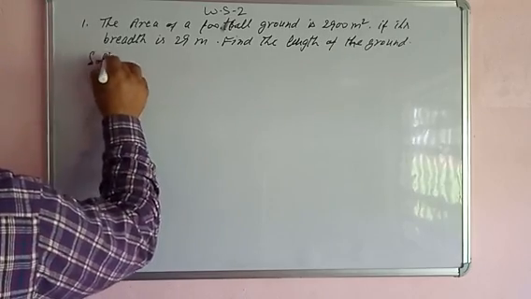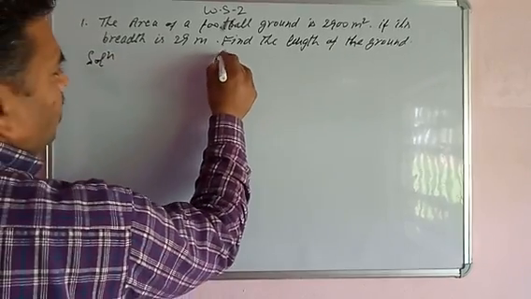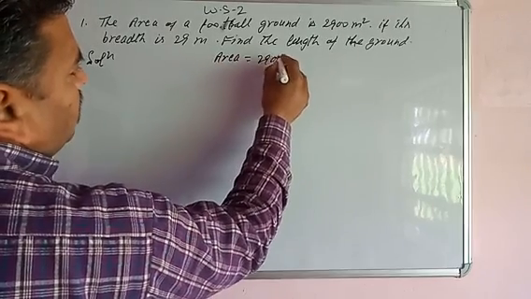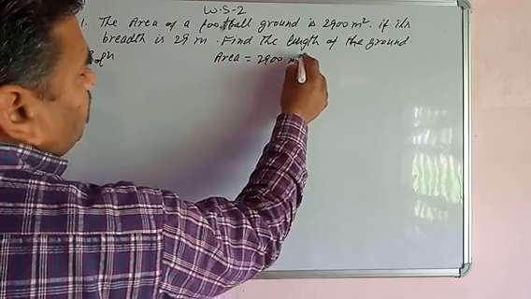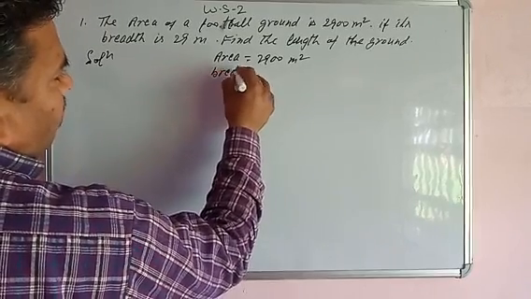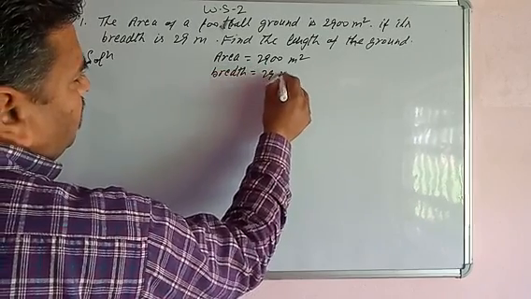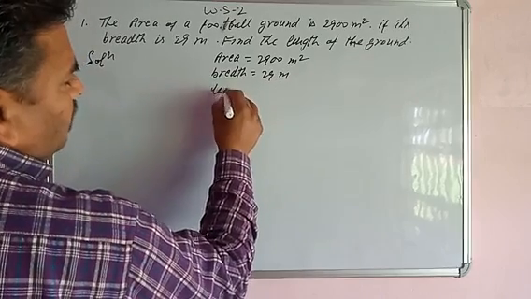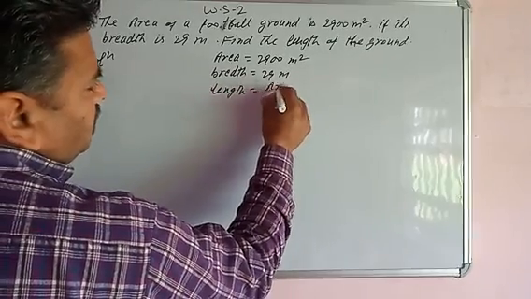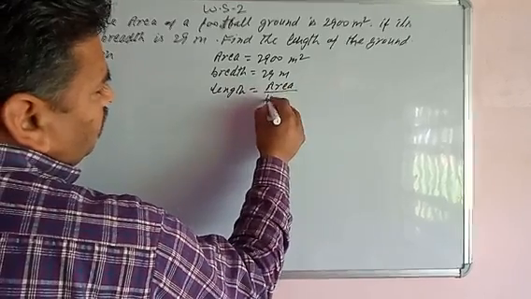So let us see. Area is 2900 square meter and breadth is 29 meter. So we are going to find length.